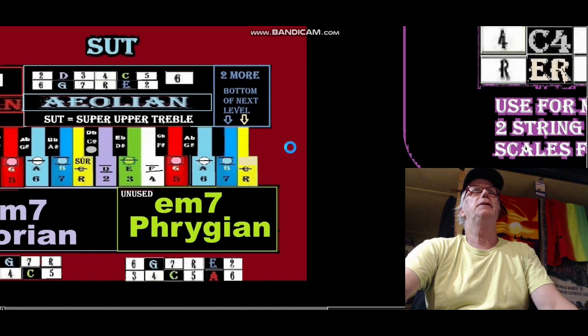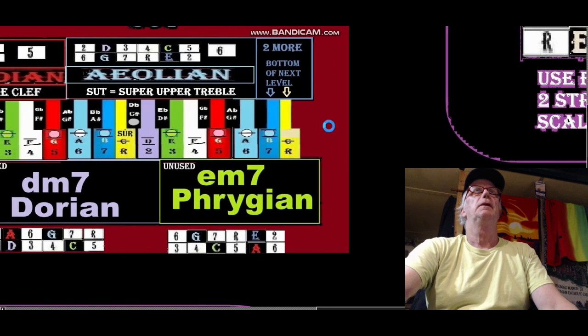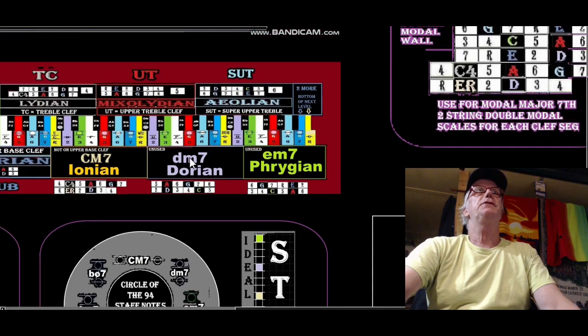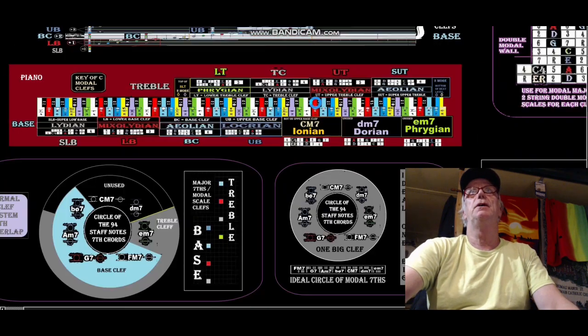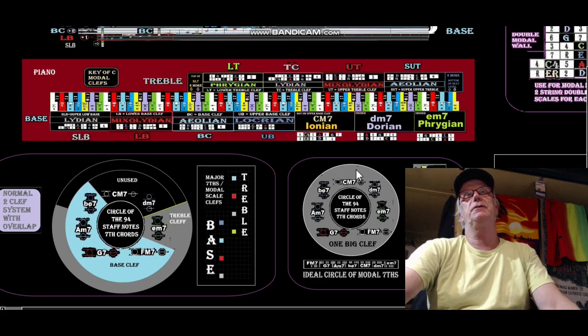Okay, and that level, this is unused here, because remember, this is reality now with the two clefs, so we're ending on Aeolian there. Down here with these three guys is if we just continued the bass clef from Lydian, Mixolydian, Aeolian, Locrian, Ionian, Dorian, and Phrygian. There they are. There's your 7 right there. Beautiful. Perfect.